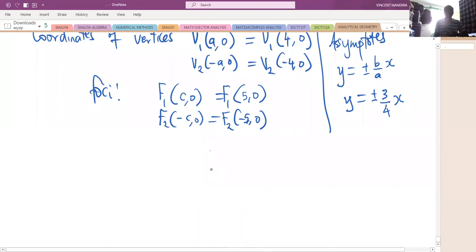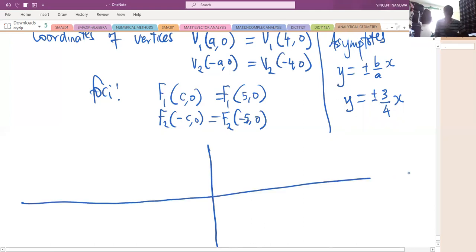So we draw the y-axis. This is the x-axis. Assuming this is where we have the point -4, and this is the point where we have +4. So we expect to have our asymptotes to be this line.